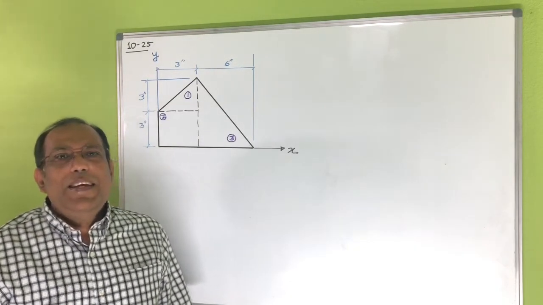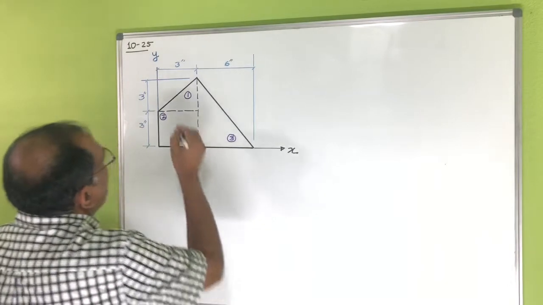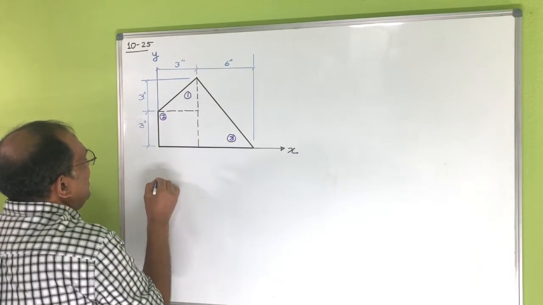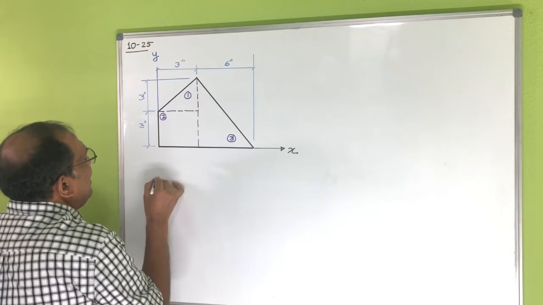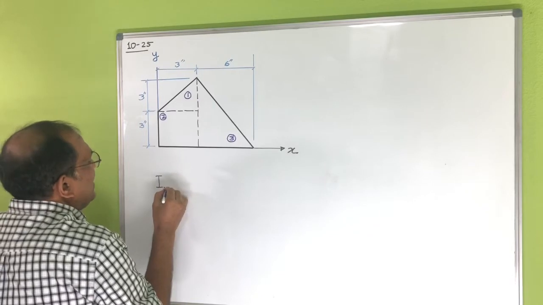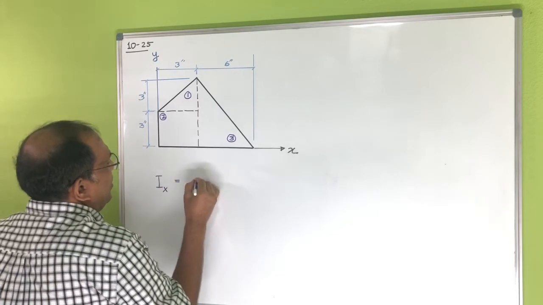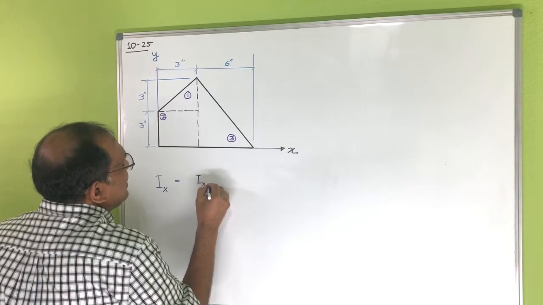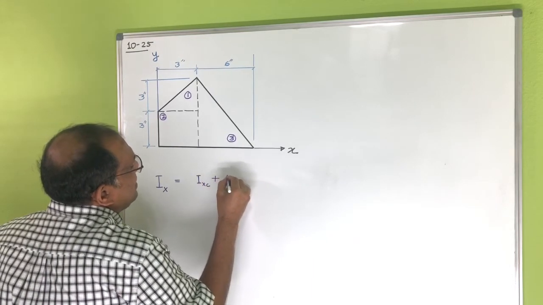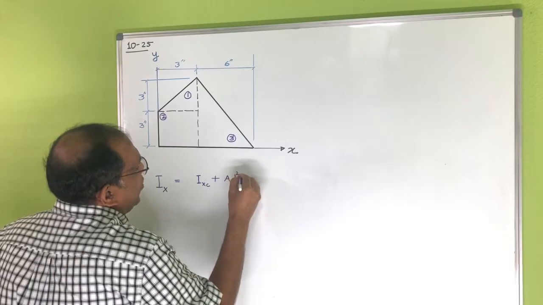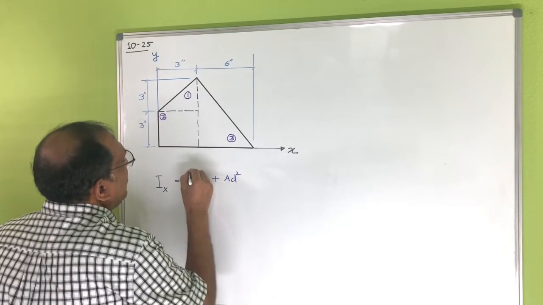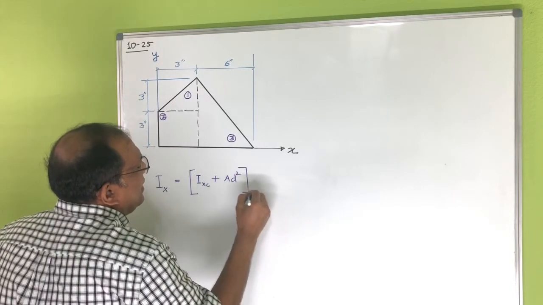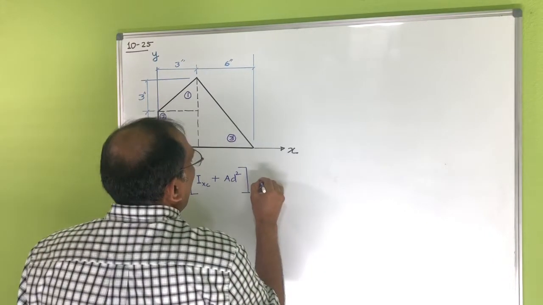Let's say for the first segment, Ix is equal to Ixc plus A d square. That's for component 1. Similarly, I'll write the whole thing here.